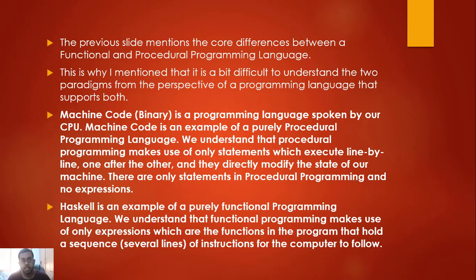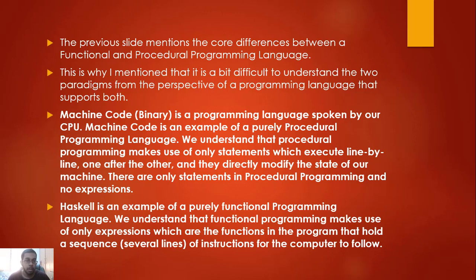Machine code is an example of a purely procedural programming language. We understand that procedural programming makes use of only statements which execute line by line one after the other, and they directly modify the state of our machine. There are only statements in procedural programming and no expressions.